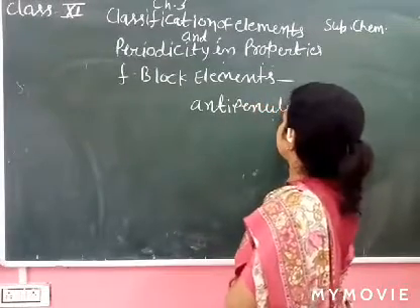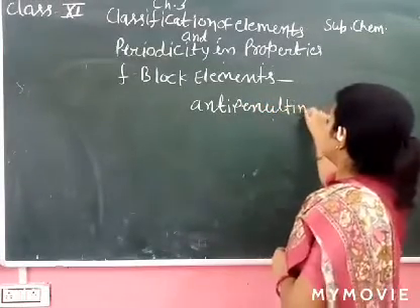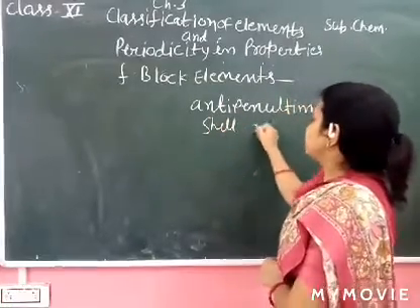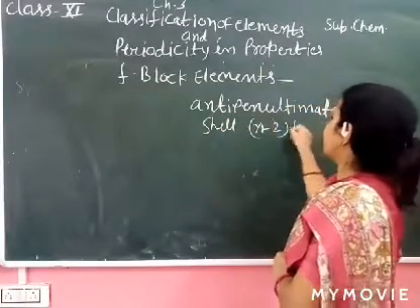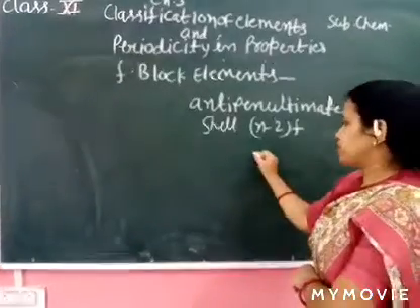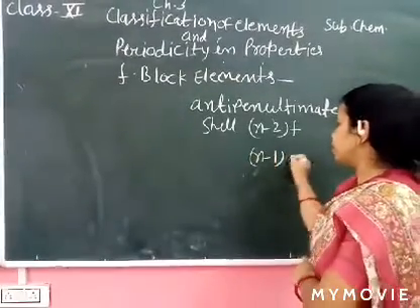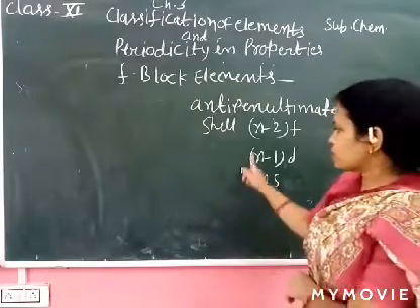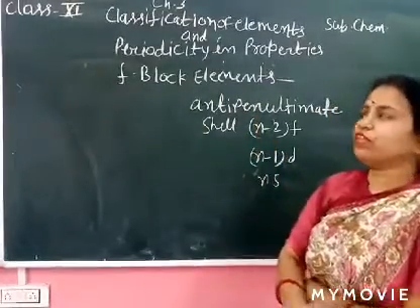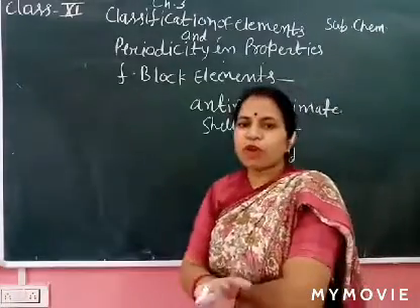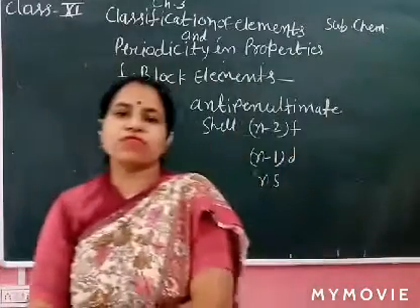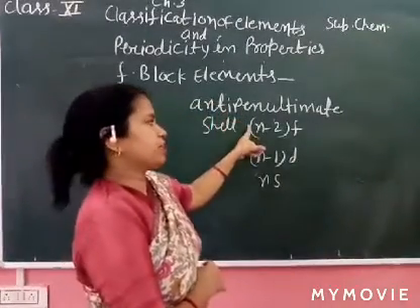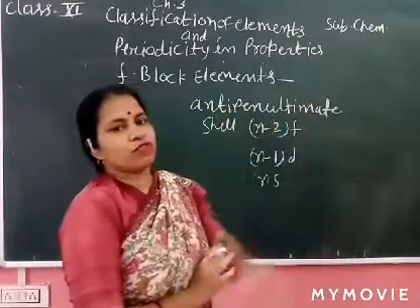Anti-penultimate shell energy level is the n-2 f orbital. Penultimate means the n-1 d orbital, and the ns is the outer shell. So in f block elements, the electrons enter the third energy level, the anti-penultimate shell, the n-2 f orbital.